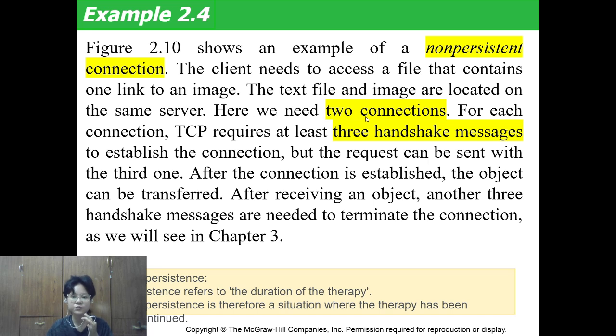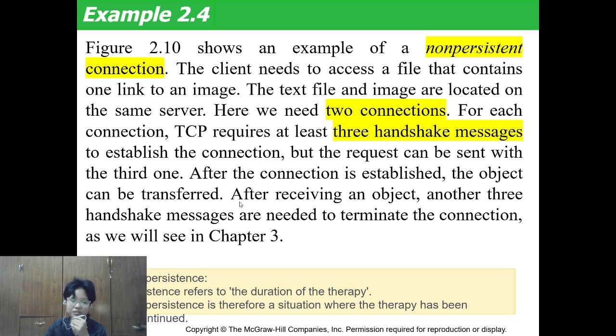Here we need two connections. For each connection, TCP requires at least three handshake messages to establish the connection, but the request can be sent with the third one. After the connection is established, the object can be transferred after receiving an object.